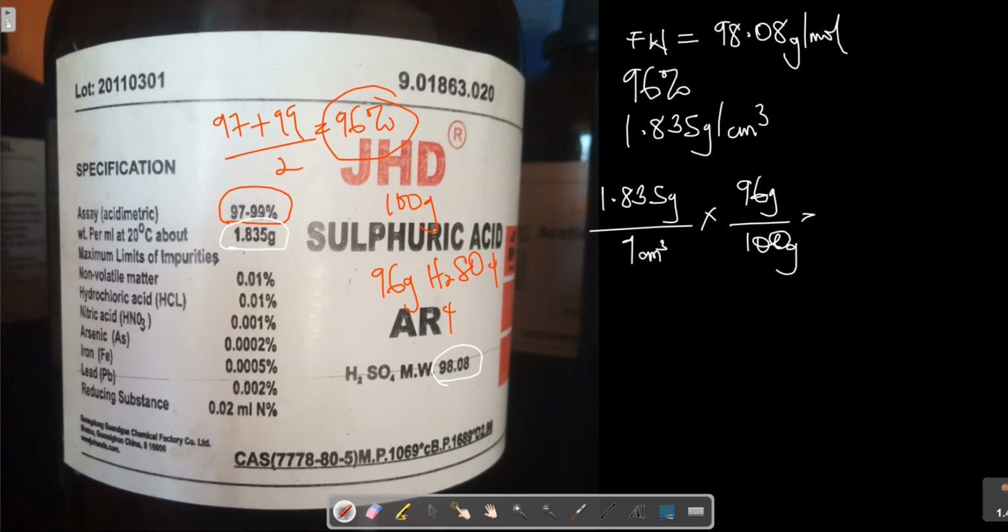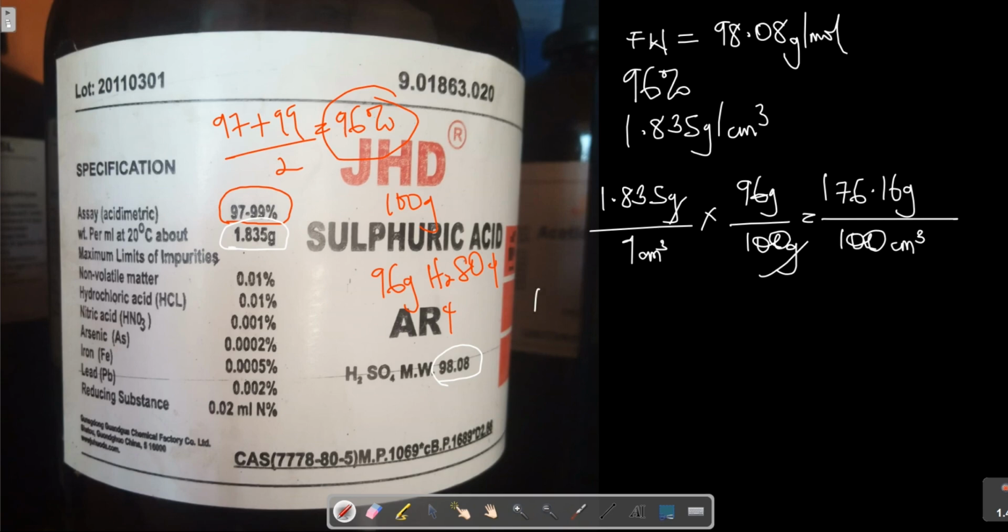Okay, so once you do this, you have 176.16 grams over 100 cm cube. So what this means is that 100 cm cube of this acid solution contains 176.16 grams of the acid.